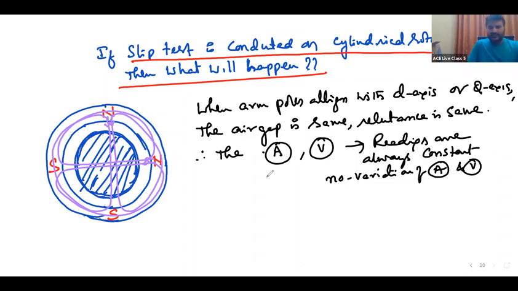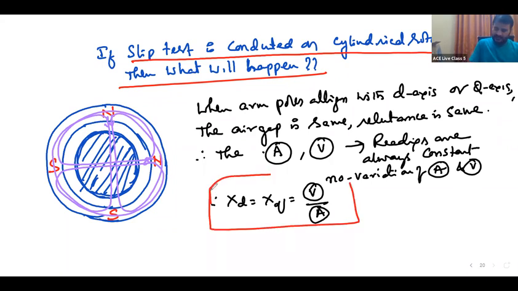So the voltmeter reading divided by the ammeter reading is itself XD and XQ. Both are equal. You cannot get any variation. That is XD, and that is itself XQ.